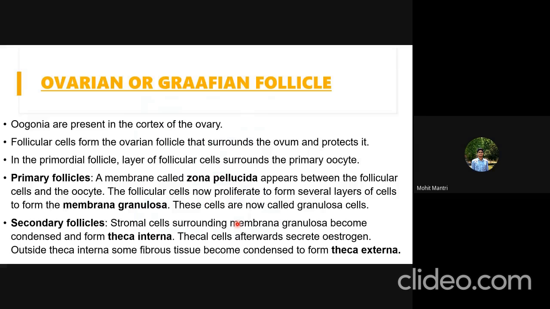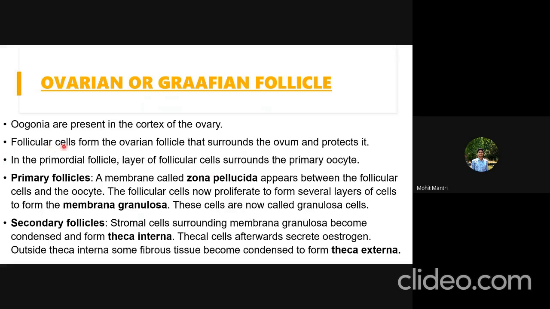Now, the ovary contains follicles, and the oogonia, which are the ovum mother cells, are present in the cortex of the ovary. The follicular cells surround the oogonia and form primordial follicles, and they protect the ovum.